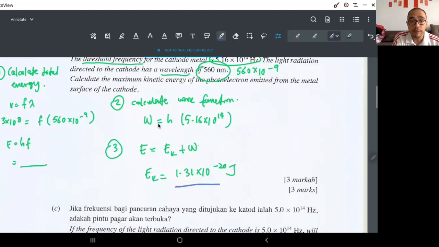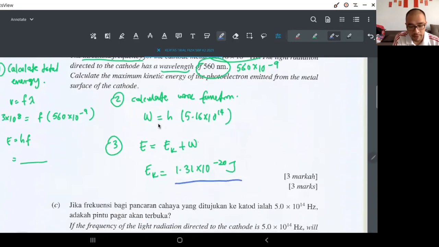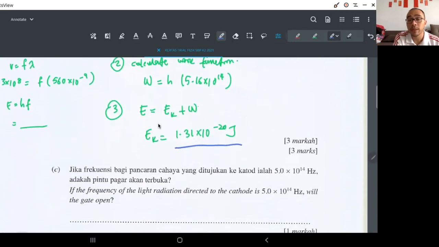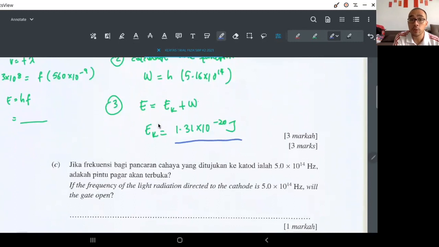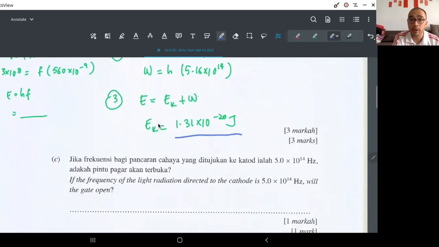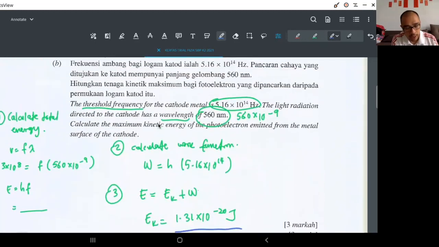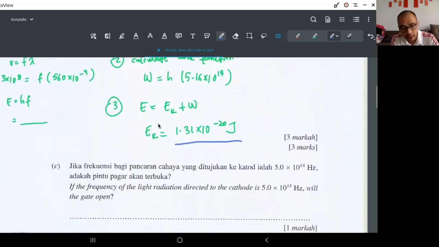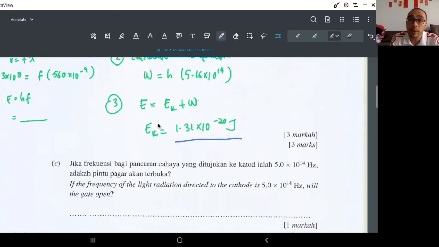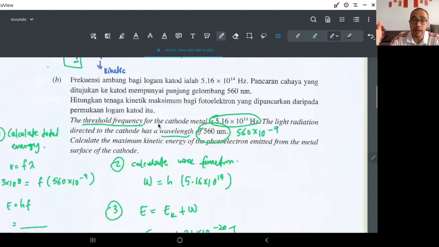Question: if the frequency of the light radiation directed to the cathode is 5.0 times 10 to the power of 14 hertz, will the gate open? So what is this question asking? It is asking, if the frequency of the light is like this, will there be a photoelectric effect? Look at the threshold frequency, 5.16 times 10^14.